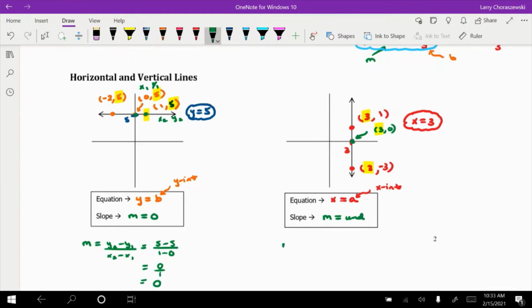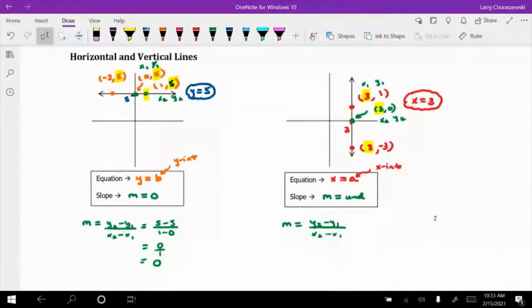No problem. So we could actually use the formula for slope to see that. Let's maybe have 3, 1 be x1, y1, and 3, 0 be x2, y2. You can pick any 2 points.